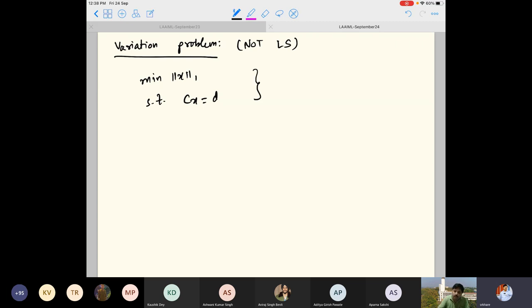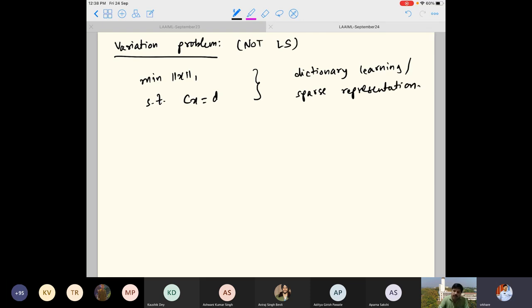this particular problem actually comes in one of the most important applications nowadays, dictionary learning and sparse representation. So this is the area where this problem comes in.